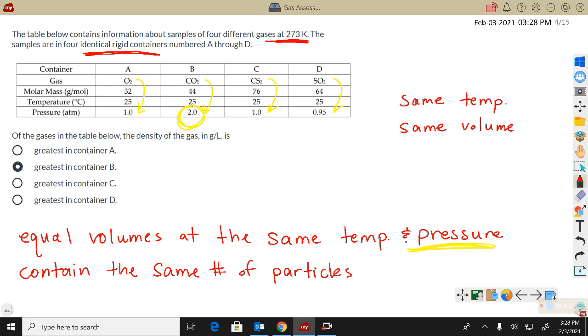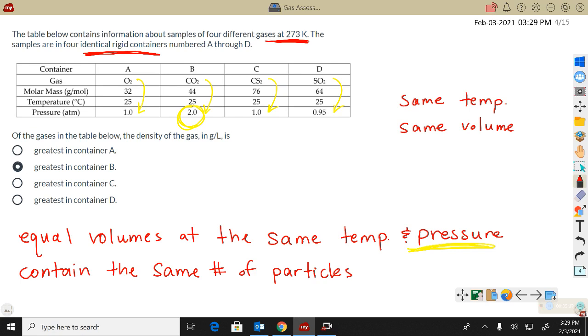Most common wrong answer was probably C, in that if you have the most mass, and it does say that they're in identical rigid containers, and so I don't know the volume, but if they're all identical rigid containers, they have the same volume, and so then density would be dependent on the different masses of the particles. And so the most common wrong answer was C, where you were thinking along the right lines, and I got to find the most massive particle.